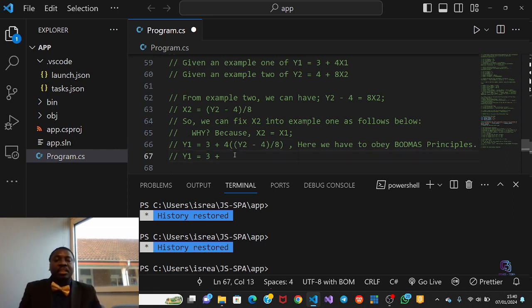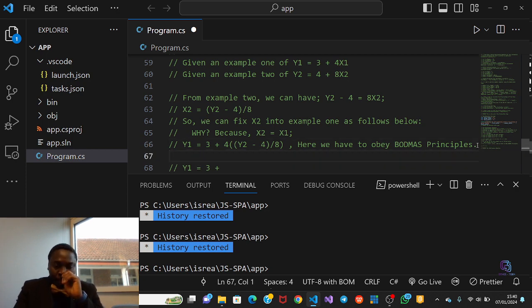So B means brackets, O means order of operation, D means division, M means multiplication, A means addition, S means subtraction. So I'm going to write them out. I'm going to create a space between line 66 and 67.